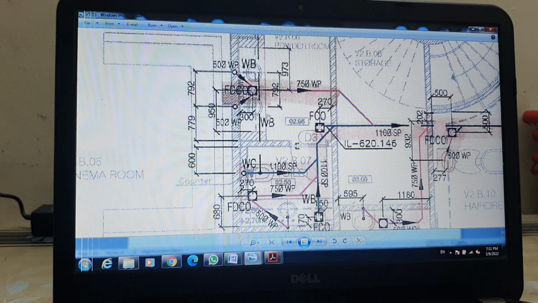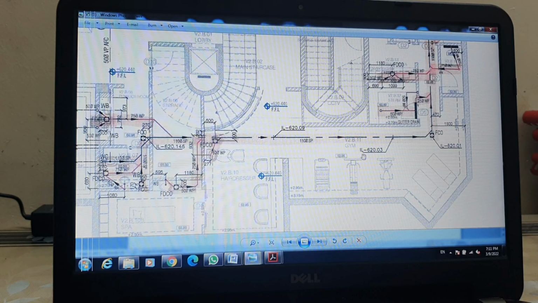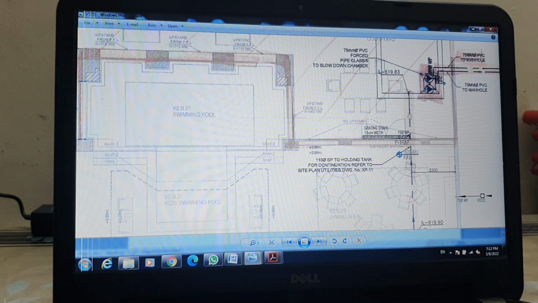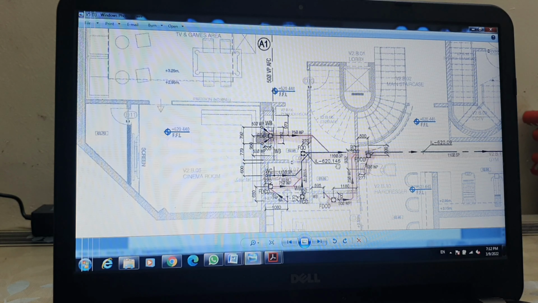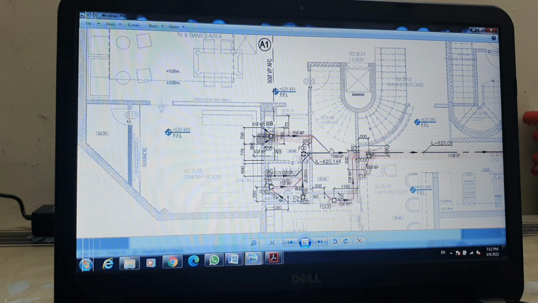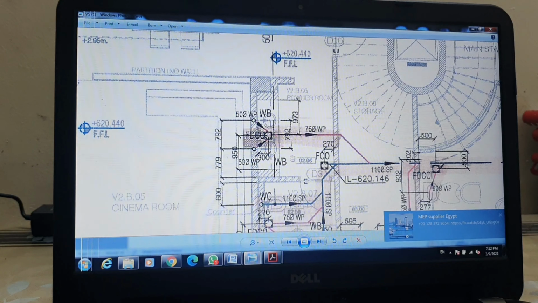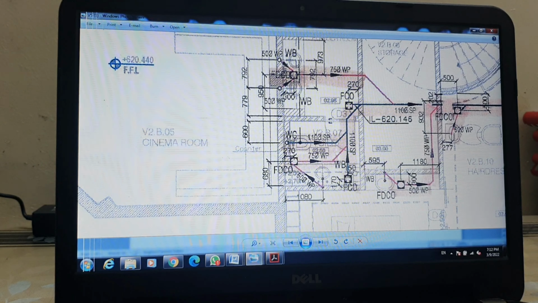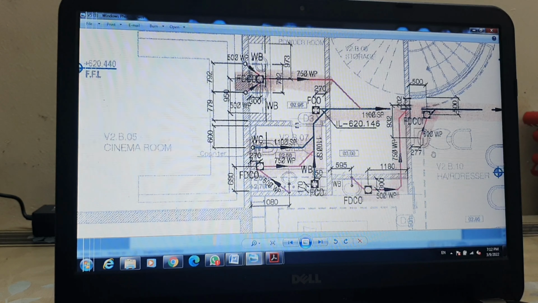It starts from here, and you can see it running up to our holding tank. On the way of this soil and waste line, we have to calculate all the floor drains, wash basins, WC, and any sink.